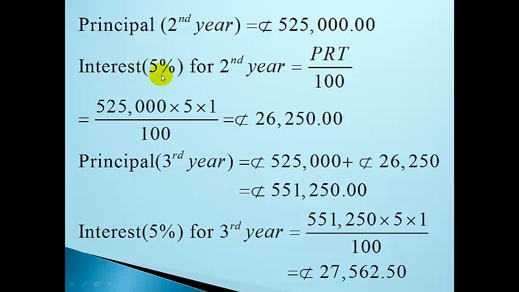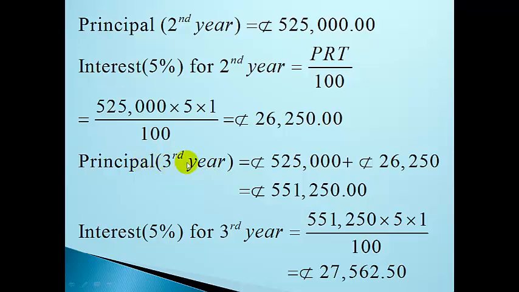P is 525,000, R is 5, and T is 1, divided by 100. So 525,000 times 5 times 1 divided by 100 is equal to 26,250 cedis.